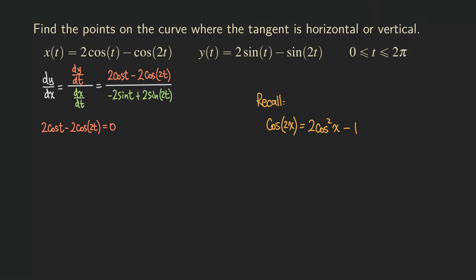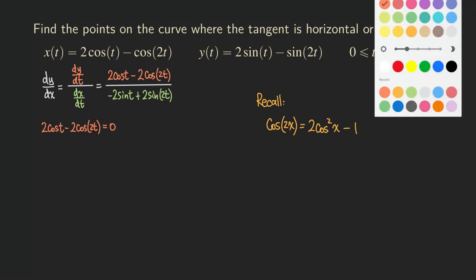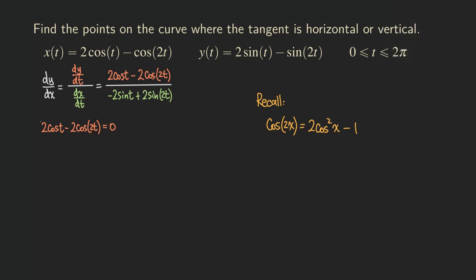So what we are going to do is, by the way, we can divide everything by 2 at the same time. If we do that, then we can cross out the 2, as you can see here.